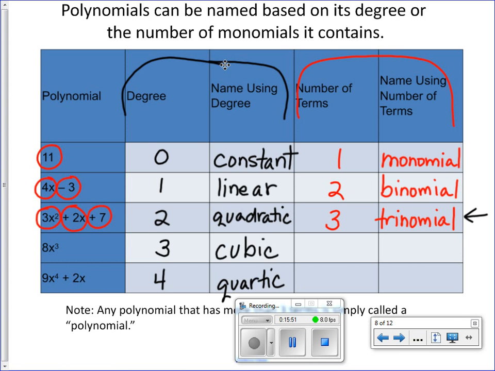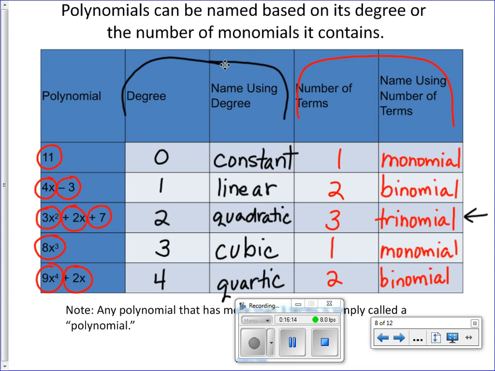Our next one simply is one term, 8x cubed, which makes it a monomial again. And the last one, 9x to the fourth, is one term, 2x is another term. So we have two terms, and that makes it a binomial.